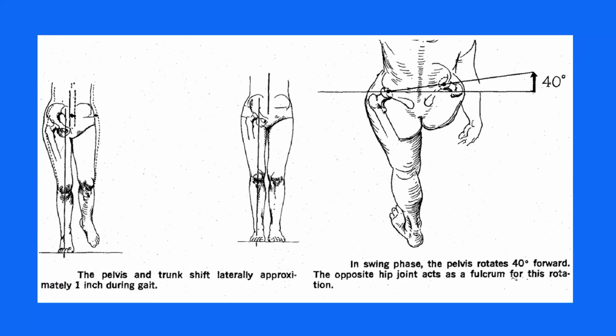It is the center of action. So in the swing phase, the pelvis rotates 40 degrees forward. The opposite hip joint acts for this.